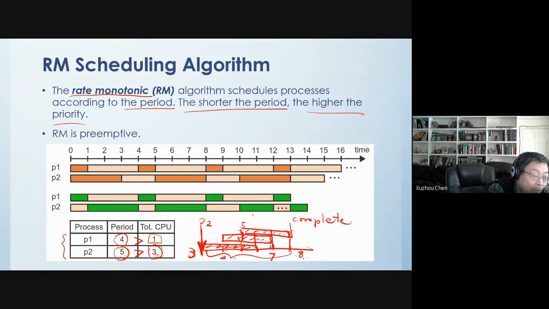However, if the CPU request is at time 3, the period is 5, and the total CPU burst is 3, and the scheduler allocates the CPU at time 5, then that's a problem because that process requires 3 time units. The completion time will be 9, which is already past time 8. So this will fail.